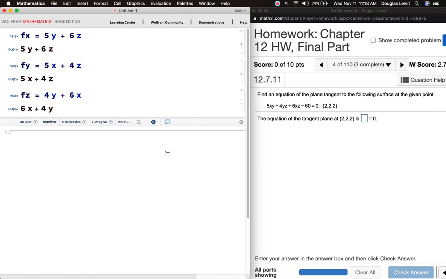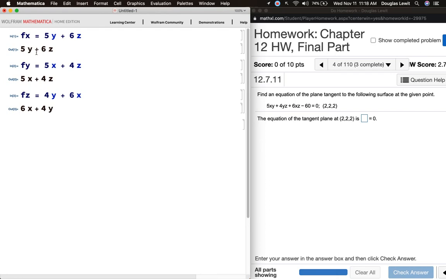Okay. So then we're going to have, now be very careful here. This is not a calculus issue. This now becomes a Mathematica issue.